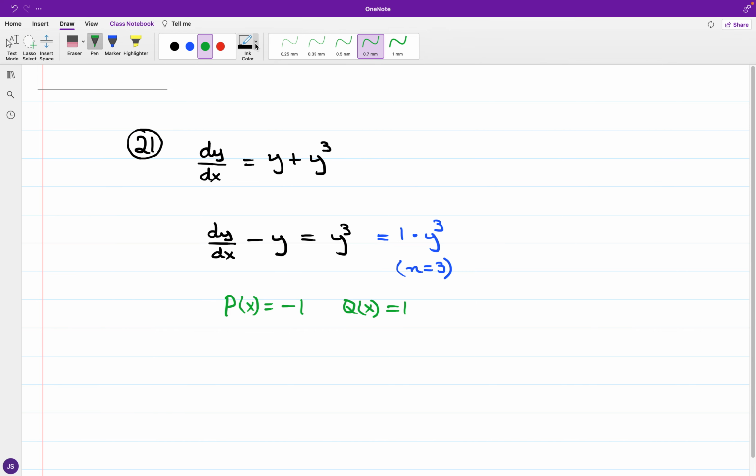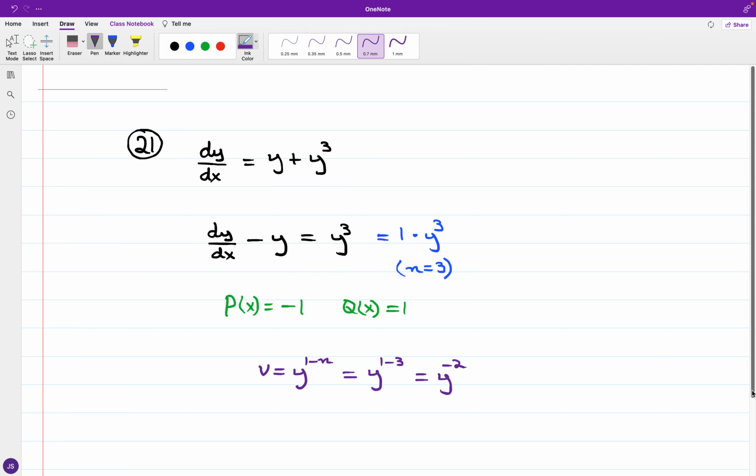Setting things up whereupon I can utilize the substitution variable, we have that v is equal to y to the 1 minus n. In this case, we have y to the 1 minus 3, which is equal to y to the -2.